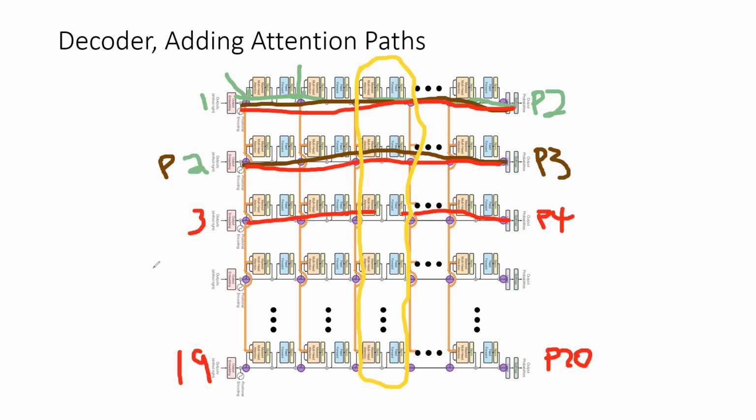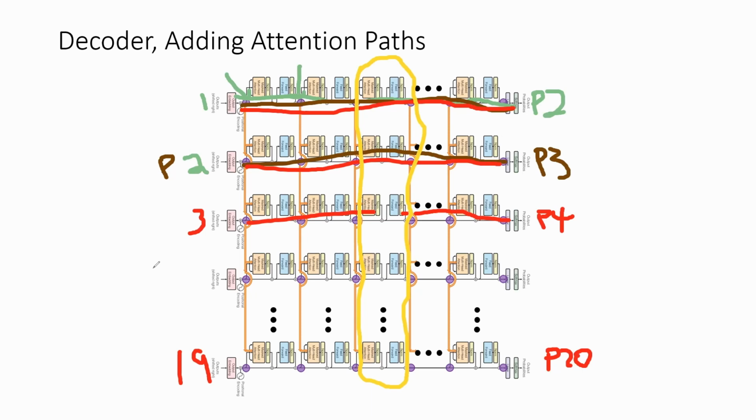In the naive mode, the first token would run through 19 times, the second token 18 times, etc. The optimization is they realized we don't need to run it through that many times. We can run it once, cache the keys and values, and then when we're generating P3 and P4, etc., you can just use the cached values.